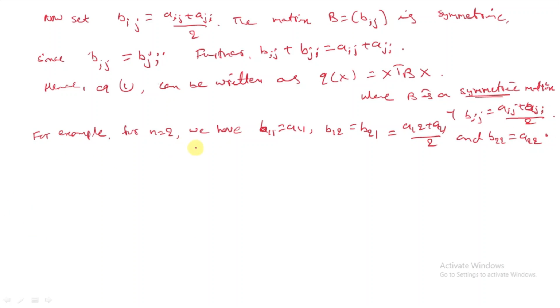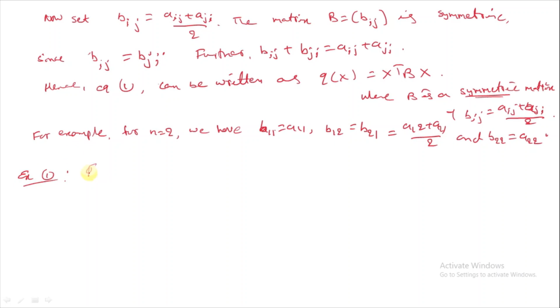Similarly, for n equal to 3, we can write b11 is the same as a11, b22 is a22, b33 is a33, and b13 equals b31, which equals (a13 plus a31) divided by 2, and so on like that.